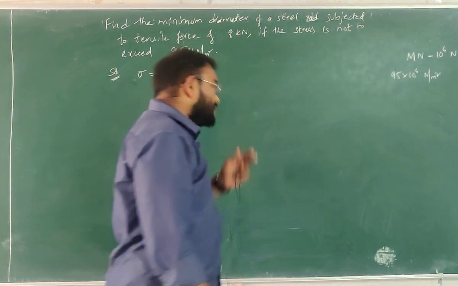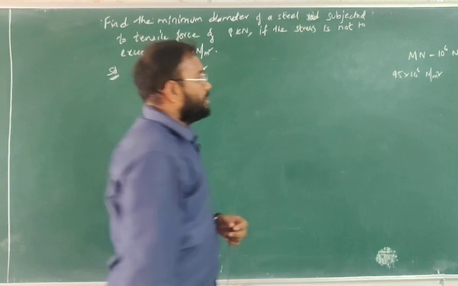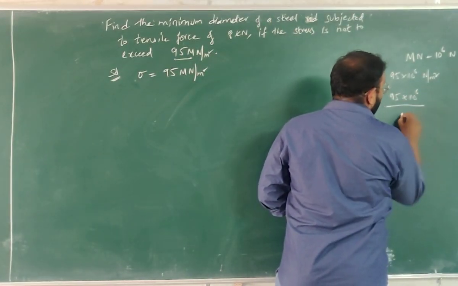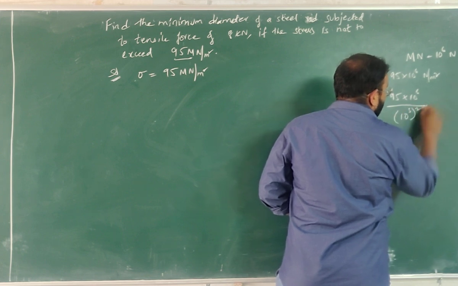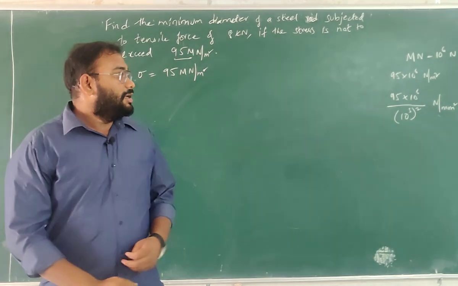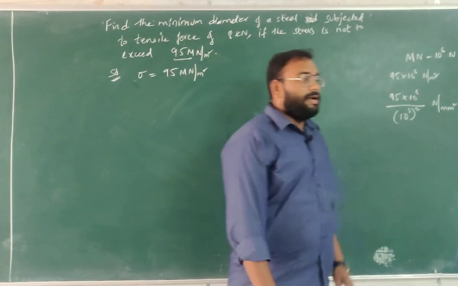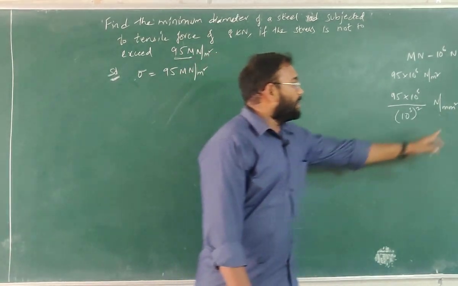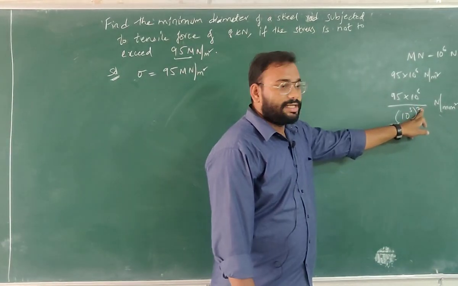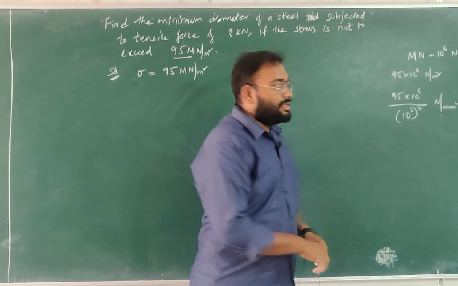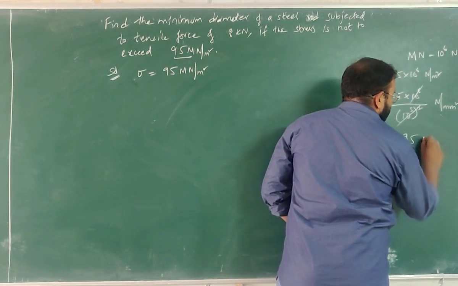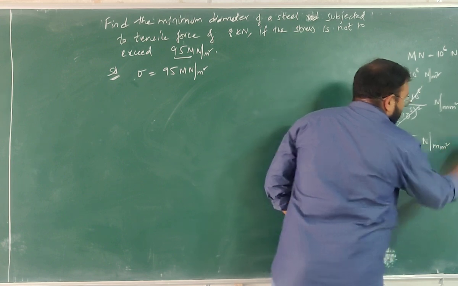Now I want these units to be Newton per millimeter square. So 95 into 10 power 6 divided by 10 power 3 whole square, Newton per millimeter square. Converting meter to millimeter is 10 power 3, and since there is a square, I need to multiply it again, so this will be 10 power 6. Both will be cancelled. So this is equal to 95 Newton per millimeter square.